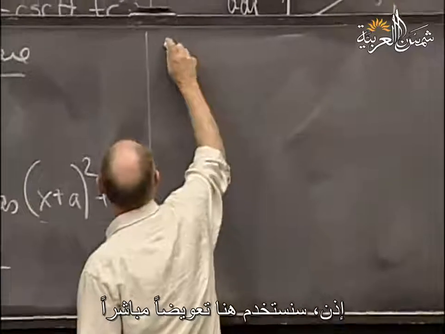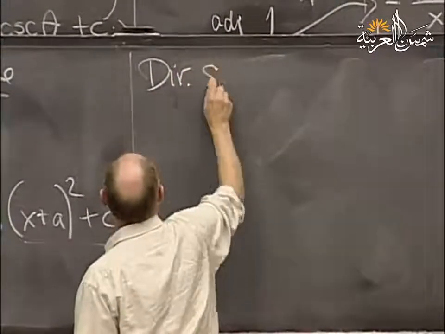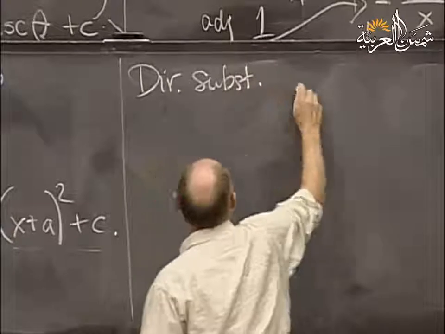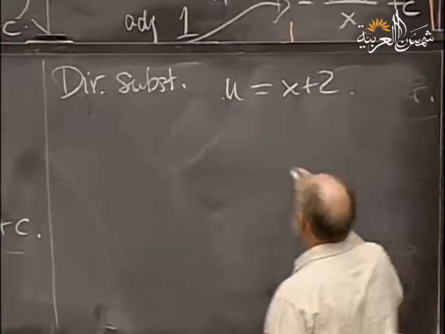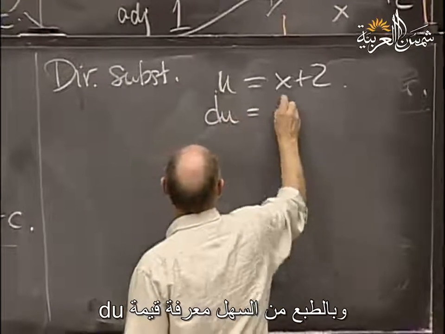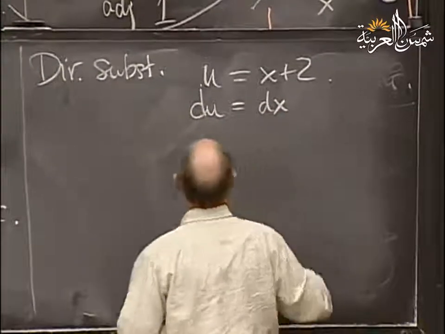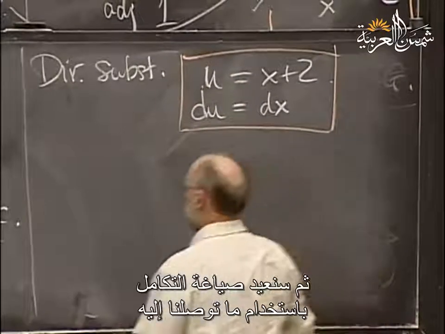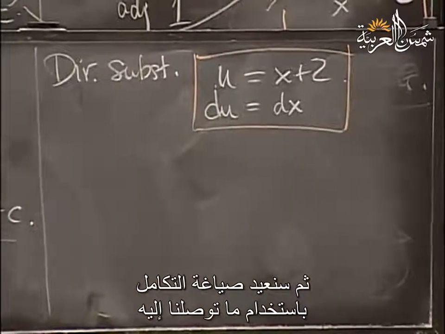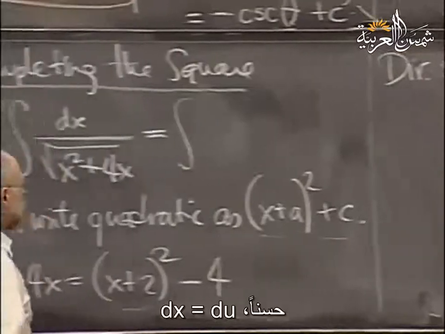So here's another little direct substitution. u is x plus 2. Figure out what du is. That's pretty easy. And then rewrite the integral in those terms. So dx is du.